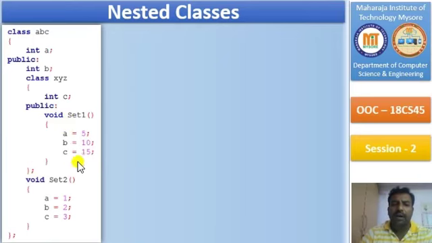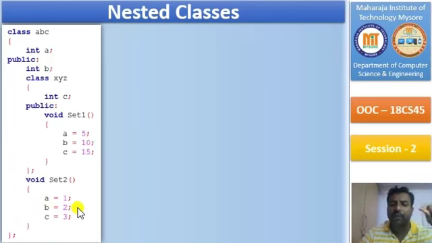Now just observe here, A is the private data member of the enclosing class, and I'm going to have B equals 10. Again, B is the public data member of the enclosing class, and C is the private data member of the nested class XYZ. And we are going to have one more function, void set2, which is the member function of ABC.